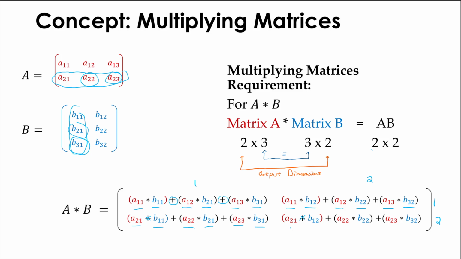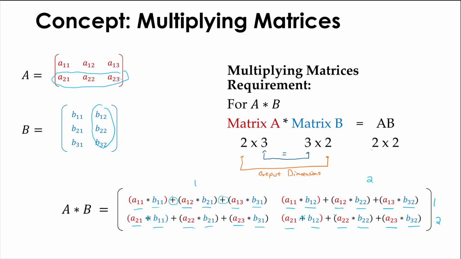And then my last element here is going to be row 2, column 2. So I'm looking at row 2 again, but now column 2 for my matrix B. All right, so I've got the first element in row 2 times the first element in column 2, and the second element in row 2 times the second element in column 2, and the third element in row 2 times the third element in column 2.